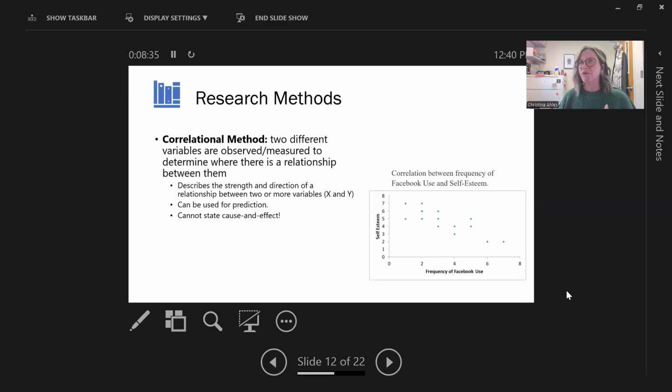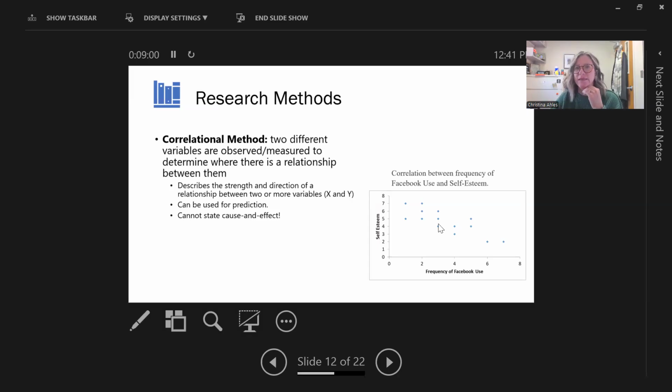Each person is measured on two different variables. We look at whether there is a relationship between the two variables, whether it is a strong relationship, and what the direction of that relationship is, meaning, if one variable goes up, does the other variable go up?